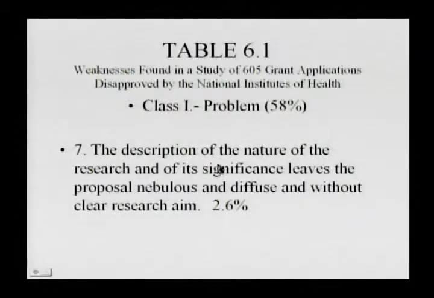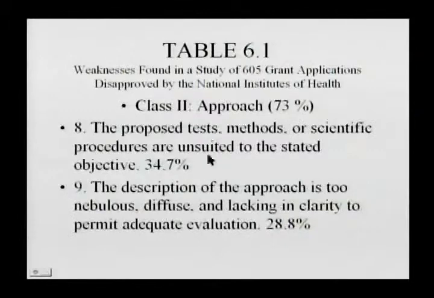The description of the nature of the research and of its significance leaves the proposal nebulous and diffuse and without clear research aim. I'd seen in a colleague's review that there was no theoretical framework within which to fit the scientific problem or the outcome of the research if the aims were successfully achieved.